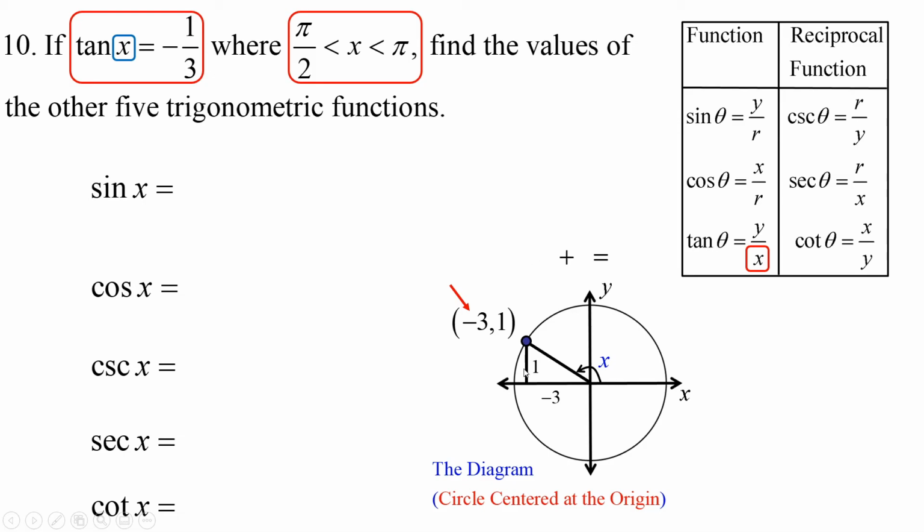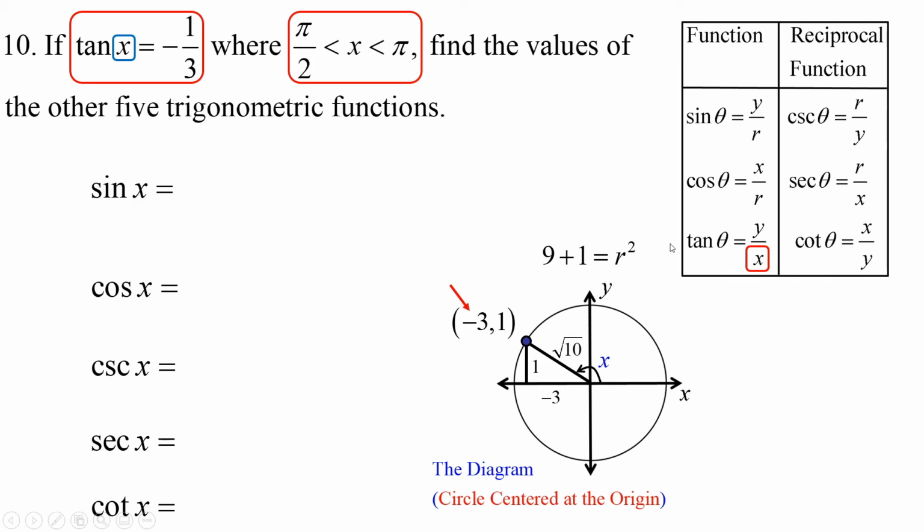Wow, been a while since we had to do that. So x squared plus y squared equals r squared. Negative 3 squared would be 9. 1 squared would be a 1. And that has to equal the radius of this circle squared, r squared. And 9 plus 1 is 10. So if r squared equals 10, r would have to equal the square root of 10.